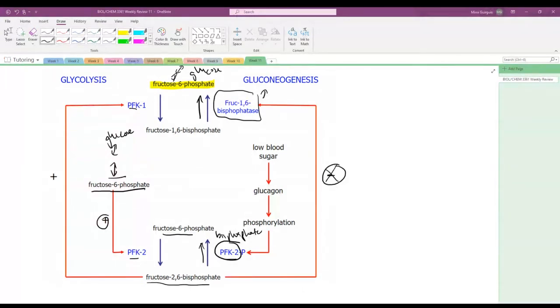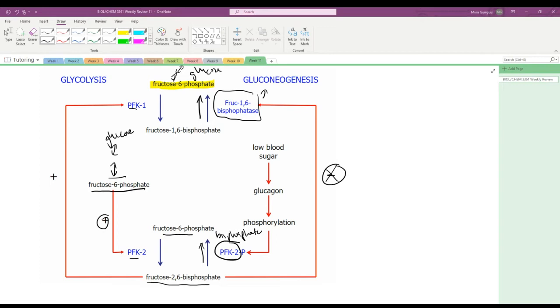Once we hit PFK1, we're good to go. We're doing glycolysis. So we want to make sure that we're only doing it when we need it, and when we're doing it too much and have a low blood sugar as a result, we can raise our blood sugar and keep ourselves where we need to be in terms of equilibrium.